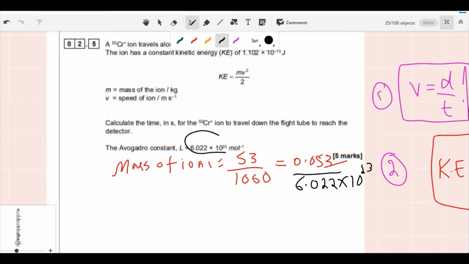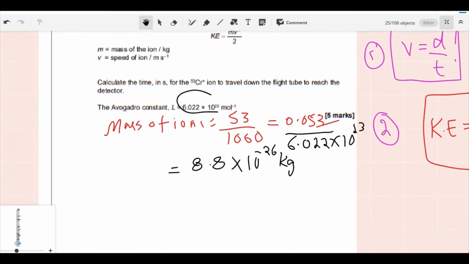That will equal 8.8 times 10 to the power negative 26 kg. Okay, that is the mass of ion.